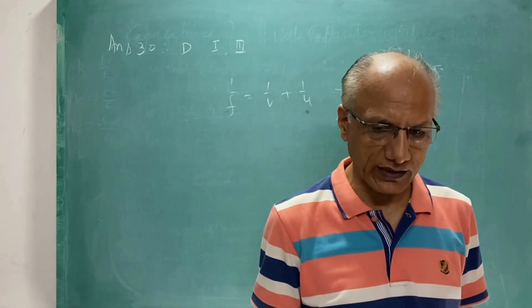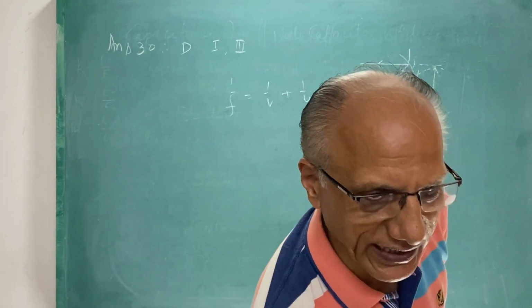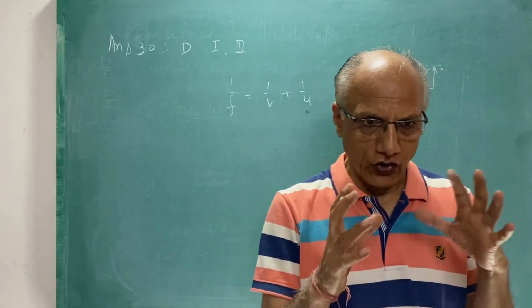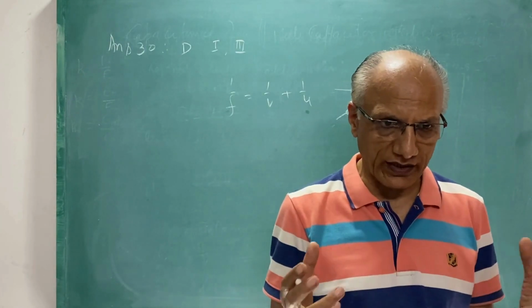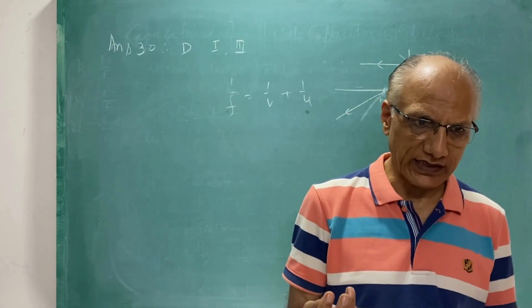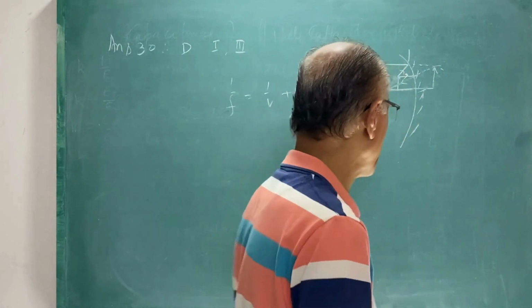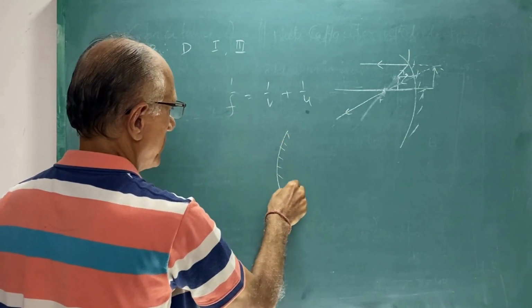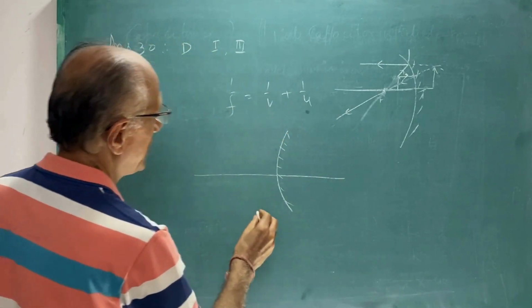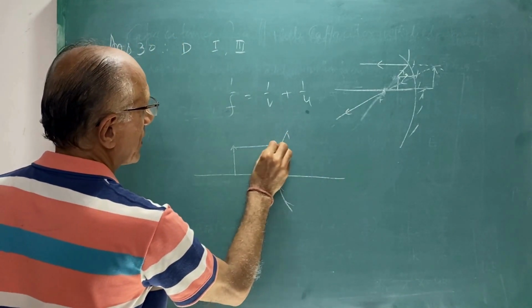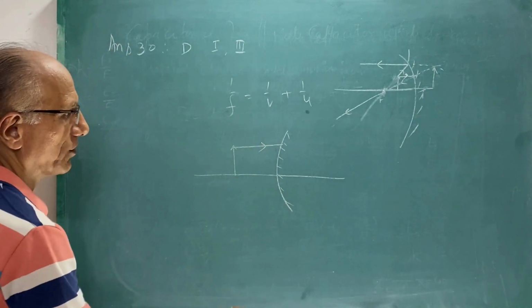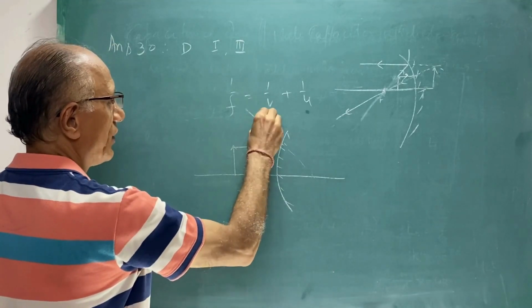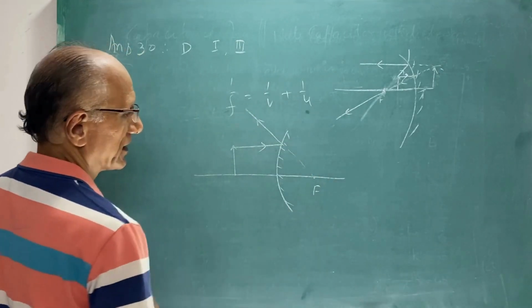This is absolutely correct. But as far as the second option is concerned, convex mirrors always produce real and inverted images regardless of the position. So in case of the convex mirror, you have seen, this is the ray which is parallel to the principal axis. After reflection from the mirror, it will appear to pass from the focus.